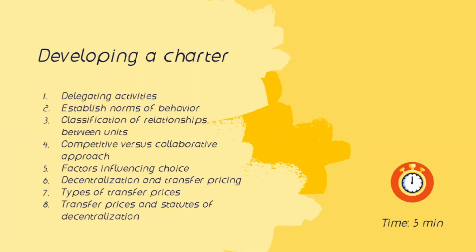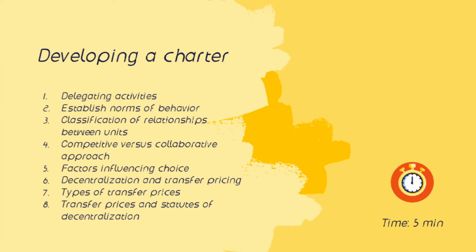There are some things that need attention in developing the basic budget, such as, first, delegating activities. In theory, a fully decentralized system would delegate all separable activities to subunits with little or no role for central management. And then, establish behavior norms.